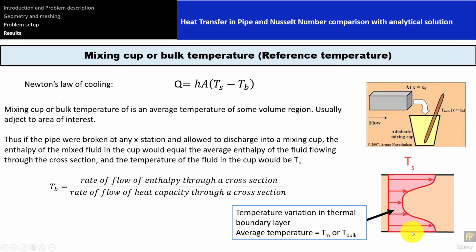As you know, Newton's law of cooling states that Q, the heat transfer rate, is equal to the convection heat transfer coefficient times the wetted area times Ts minus Tb. So let's say we have a pipe here, and we have some thickness on the wall, and we have applied some heat flux Q, that is 50 watts per meter square.